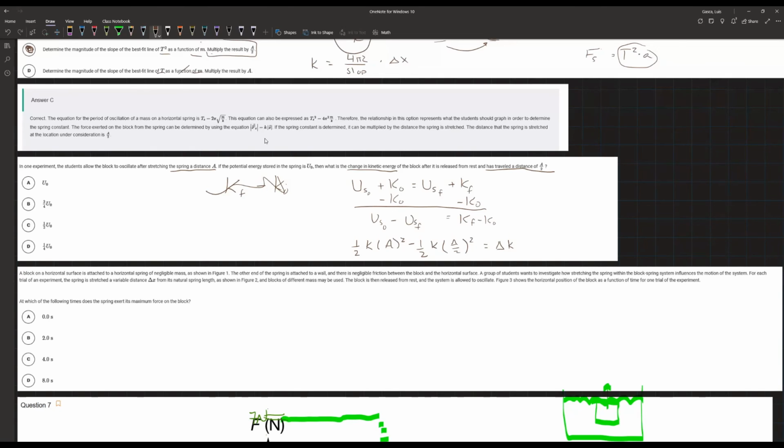If we see here, this becomes 1/2 K A squared minus 1/2 K times A over 4, and this guy gets squared. I wouldn't really worry about the halves, but I have a whole minus a fourth. That's 3 over 4 K A squared, delta U, times the 1/2. So it is going to be B.